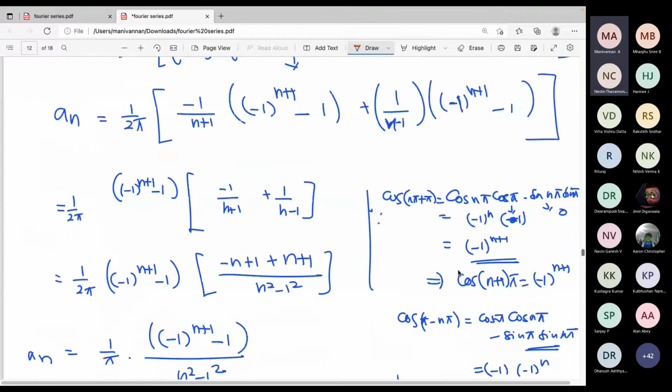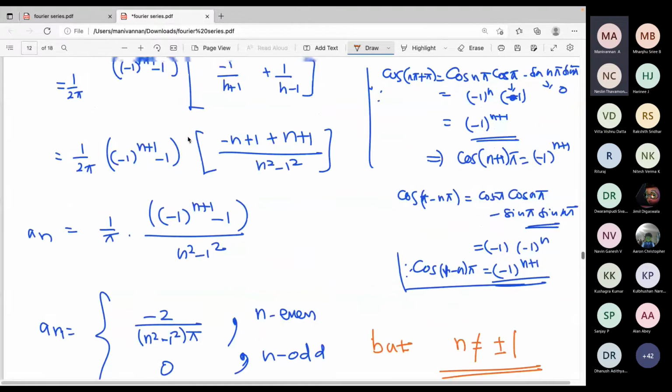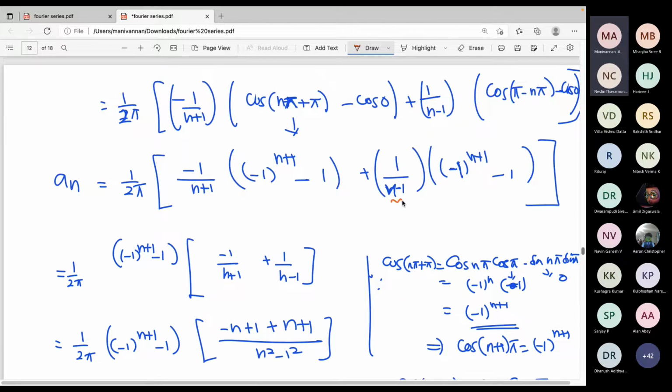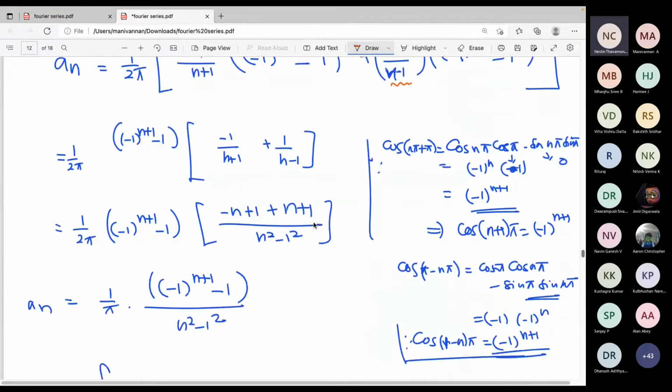We are assuming it from this n square, but n is starting from positive numbers only. So when n equals to 1 only, here we are having, because n starts from 1. Why it is not satisfied, because this 1 upon n minus 1 happened. Is it clear?